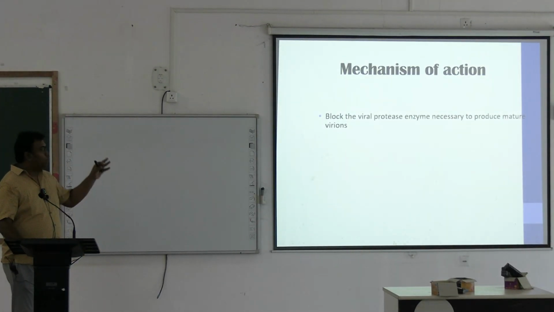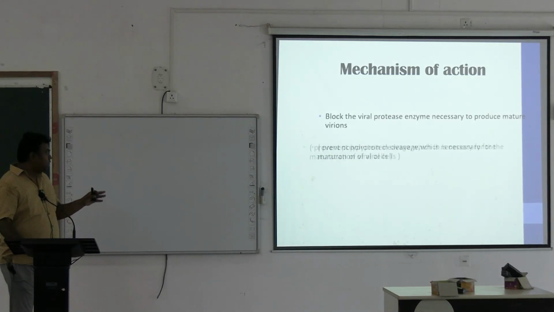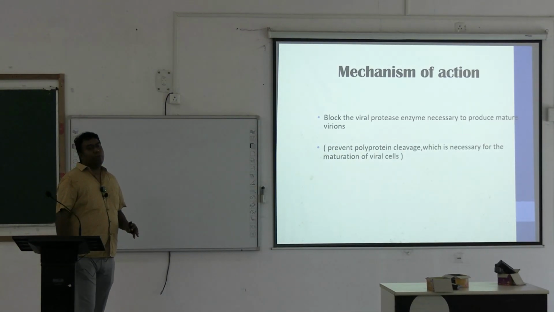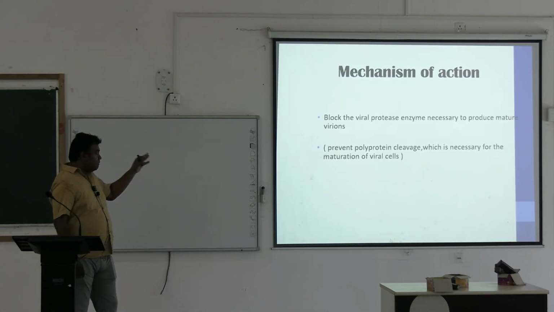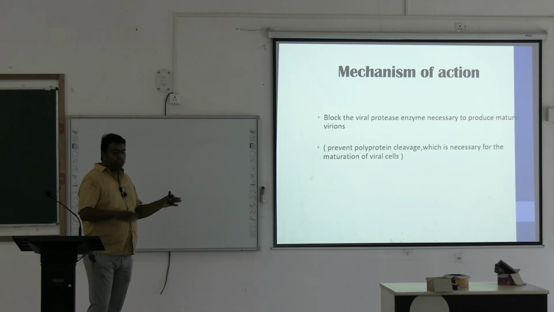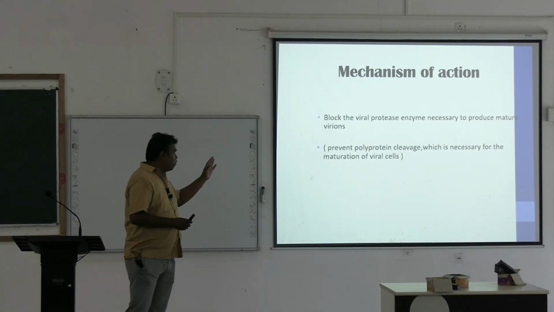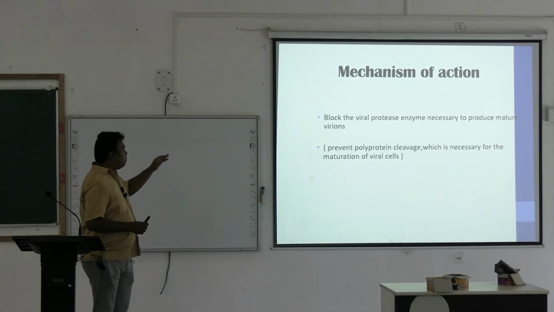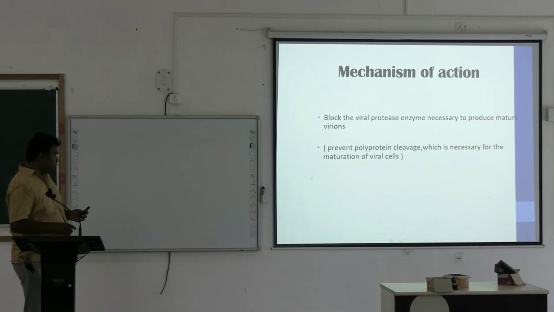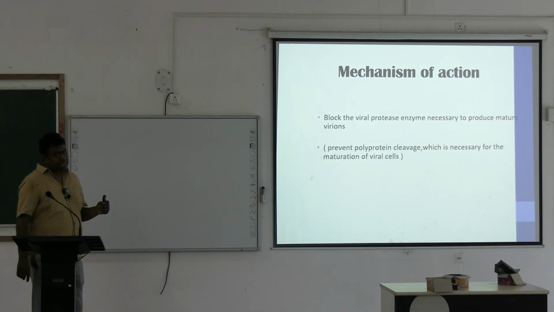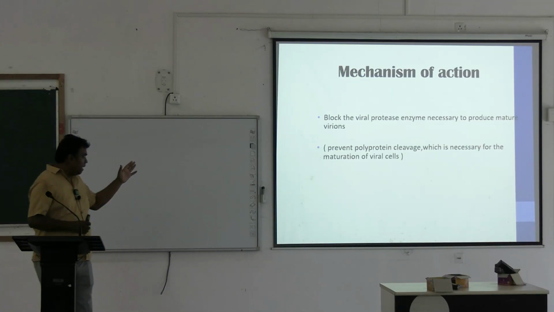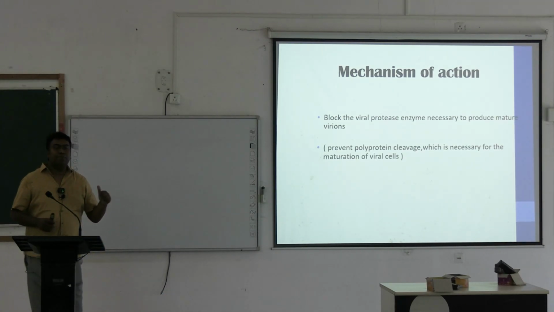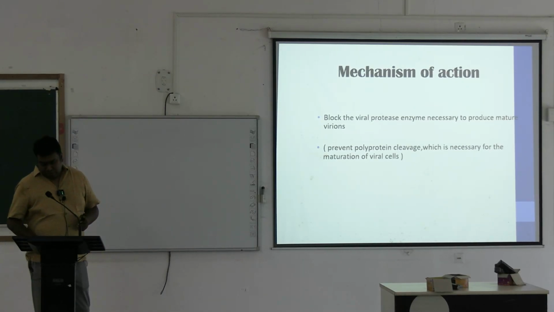The protease enzyme helps in polyprotein cleavage, which is necessary for maturation, and that is prevented by the protease inhibitor. Clear? So maturation of virions is inhibited by protease inhibitors.